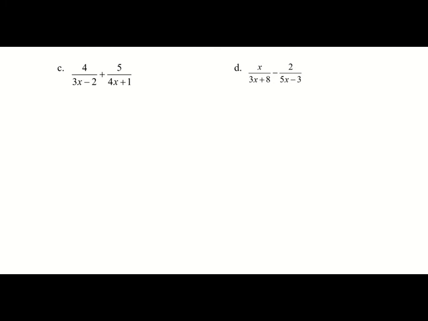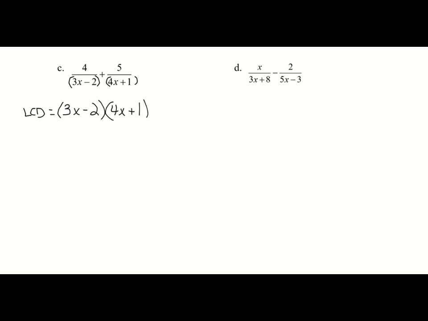Okay, for C, we have, again, our two unique denominators here. We have 3x minus 2, which I can't factor anymore, and 4x plus 1. So my LCD here is just going to be the 3x minus 2 times 4x plus 1. We're just going to put those factors together.